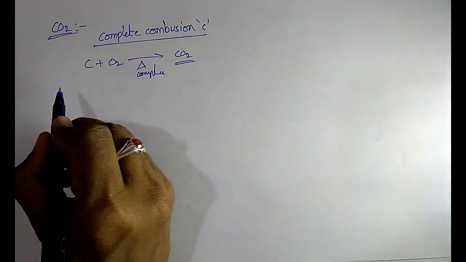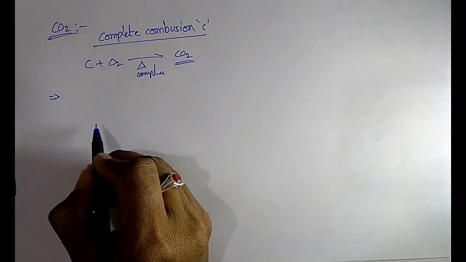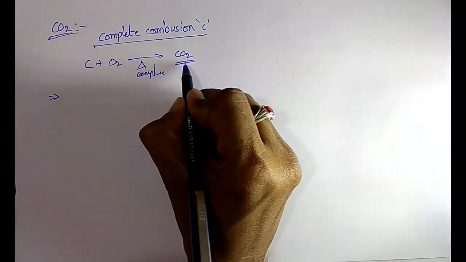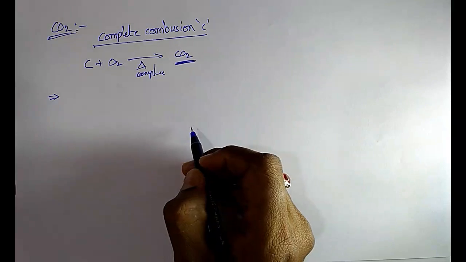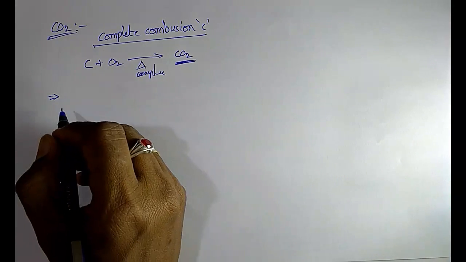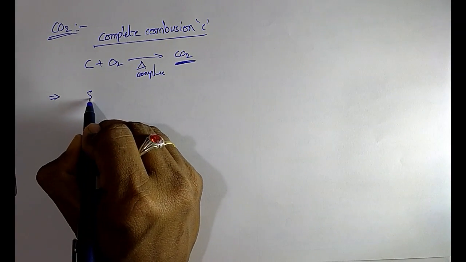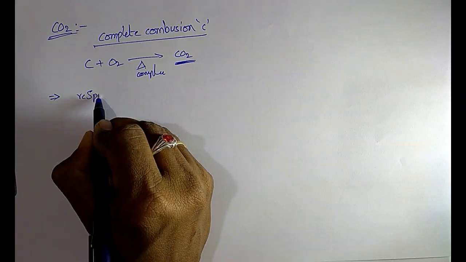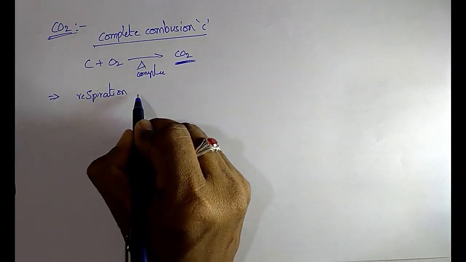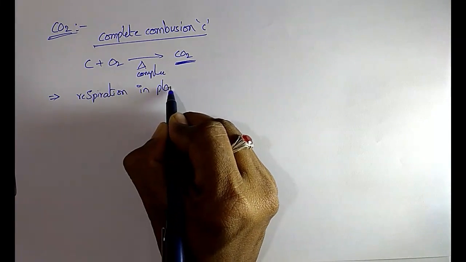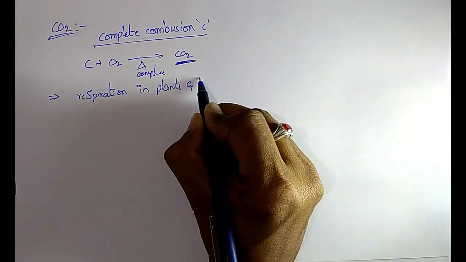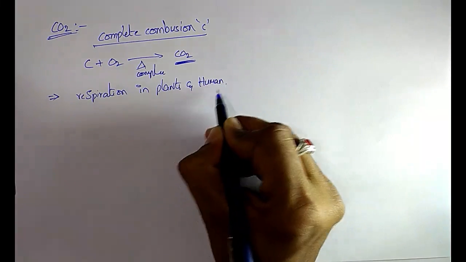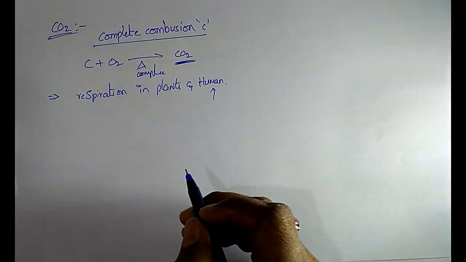Carbon dioxide is also produced in the process of respiration in plants and humans. We take oxygen from the air and release carbon dioxide.